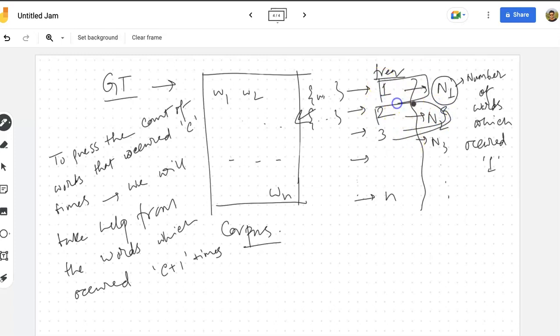To guess for words with count 2, we will take help from N3. So what is the formula then?